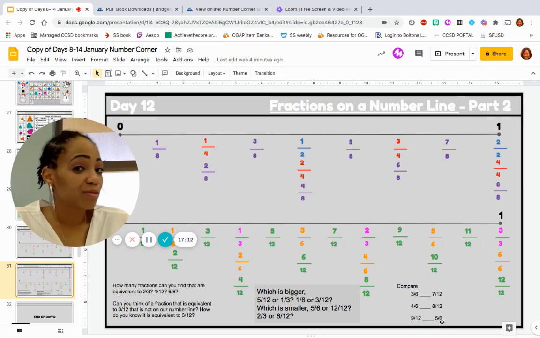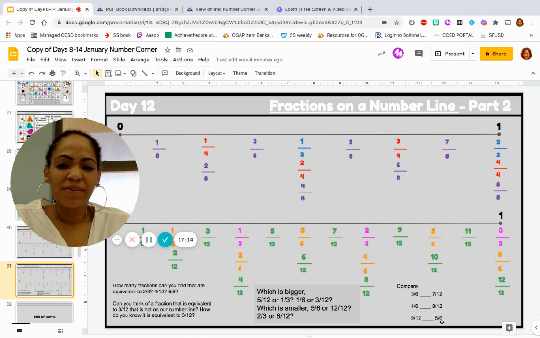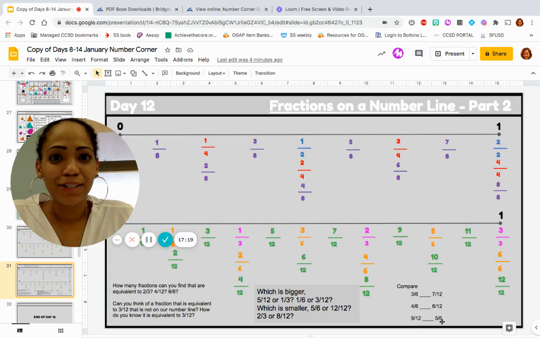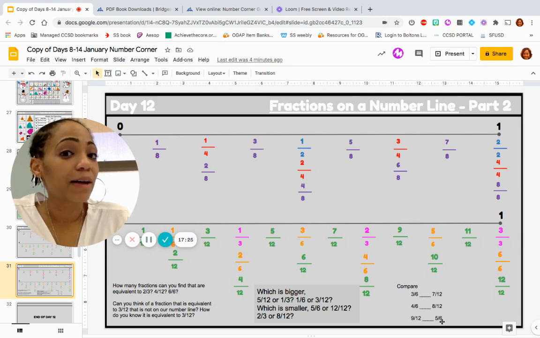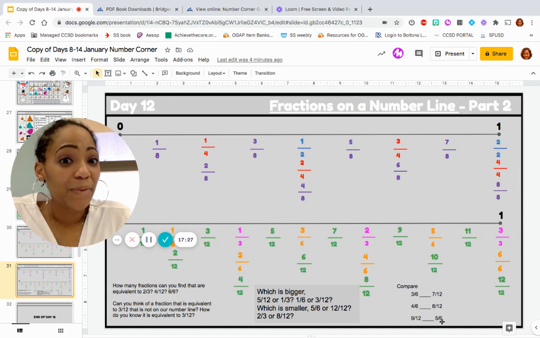Use Seesaw. You can do it on Seesaw. Maybe even Google Classroom. But answer those questions and send it to your teacher so that they see what you're doing in Number Corner and know that you're ready for this Number Corner checkup that's about to happen. Remember that for this month?